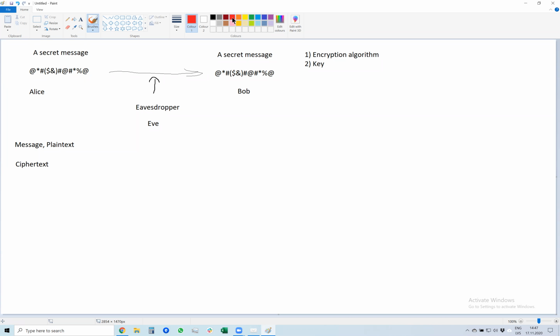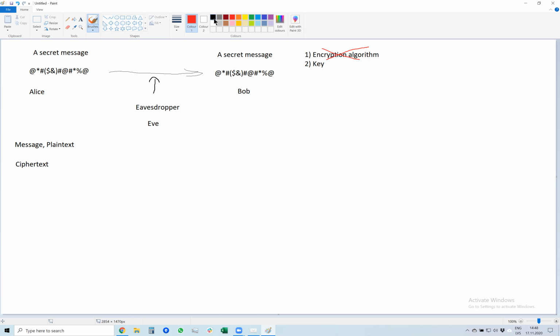So what you need to remember is that you should never invent your own encryption algorithm, because most probably it will be broken pretty easily if people want to. So do not come up with your own encryption algorithm.